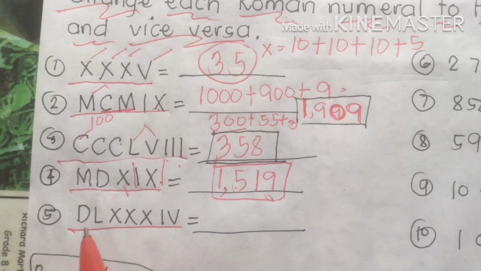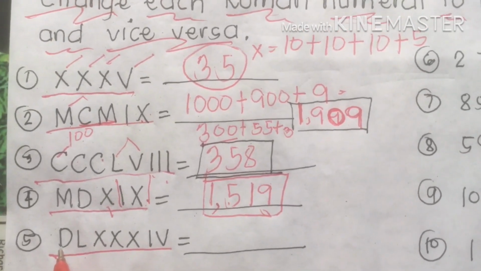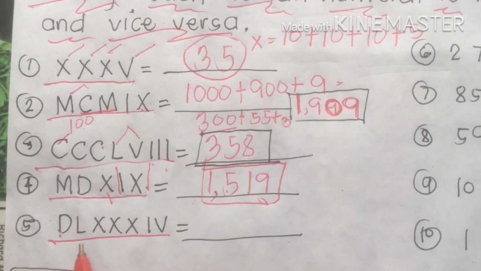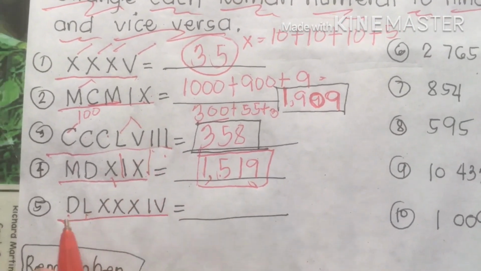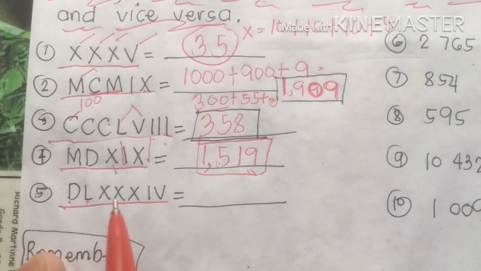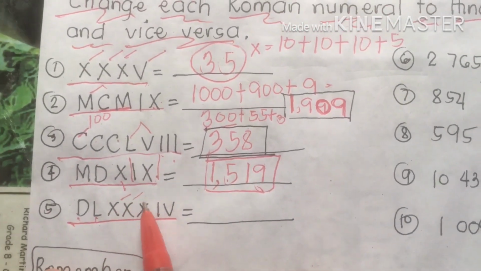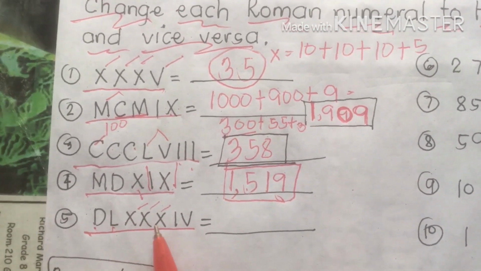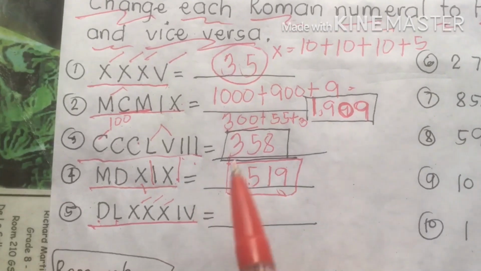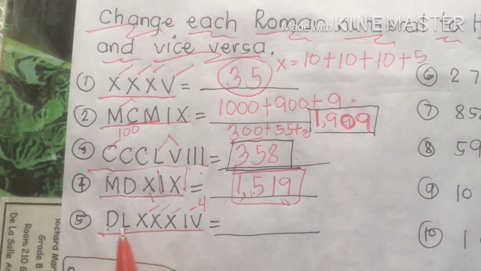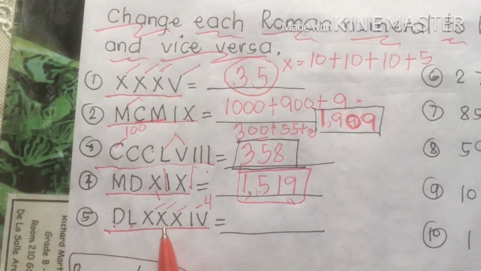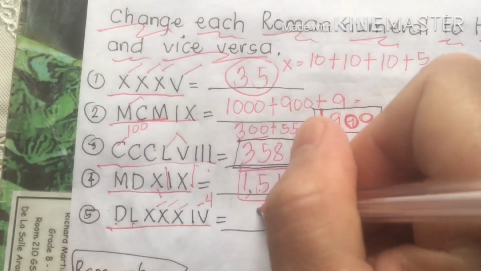Please follow, guys. D is what you called 500. L is 50. That's our value. Okay, 550 plus 10, 20, 30, 50, 60, 70, 80 plus I and V is 4. This is 4. So 500, 50, 60, 70, 80, 584.